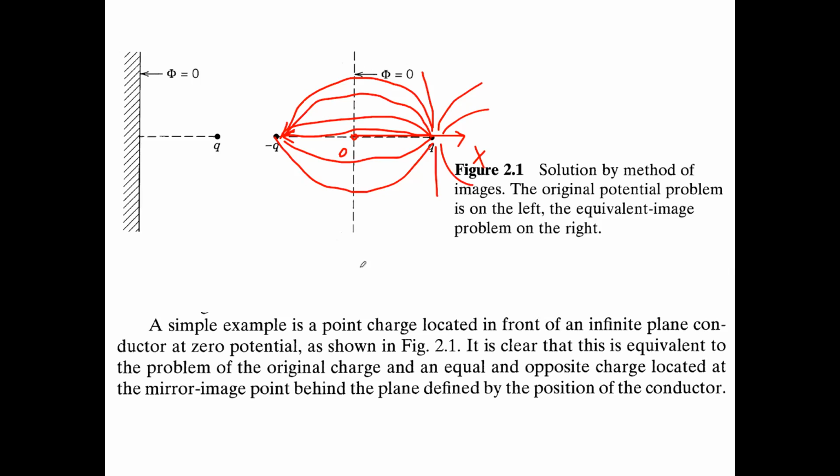It has to be, because of the symmetry. And then at this middle plane, what's the phi? What's the potential? It should be 0, right? Because it's a symmetric charge distribution.